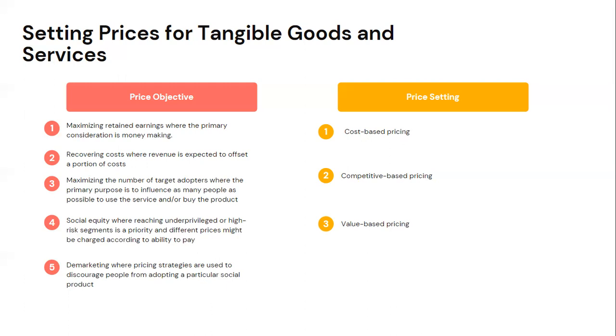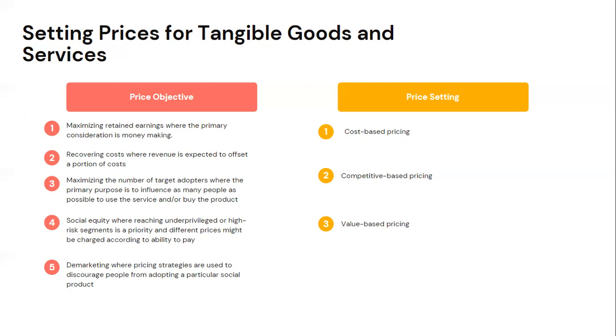So once the pricing objective is agreed upon, setting specific prices gets easier. Three options to consider include the following. We have cost-based pricing, where prices are based on a desired or established profit margin or rate of return on investment. We also have competitive-based pricing, where prices are more driven by the prices for competing or similar products and services.